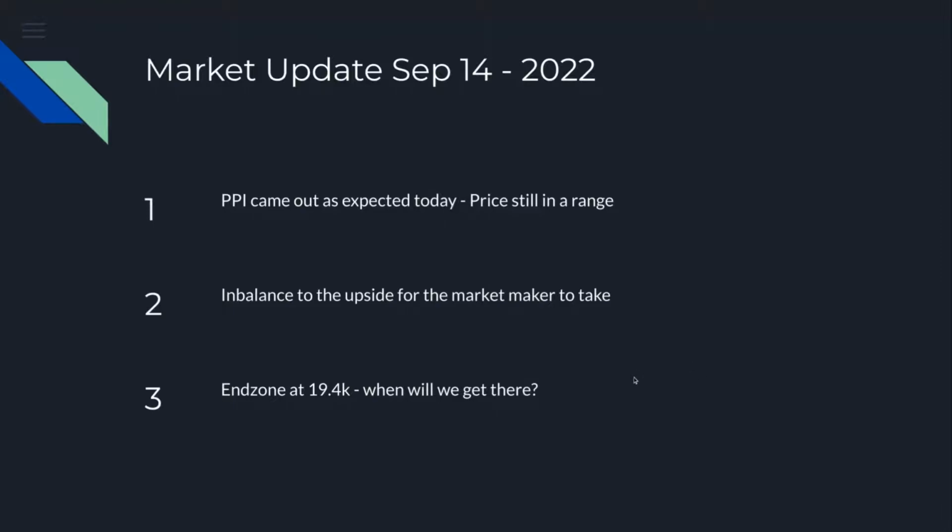We also saw that we had imbalances to the upside for the market maker to take, but we also had some liquidity zones and imbalances to the downside with the end zone at 19.4k as I showed you. But the question is, when will we get there and how big will the retrace be? Or have we done a retrace, which is our consolidation range? Well, that's up to you to find out.